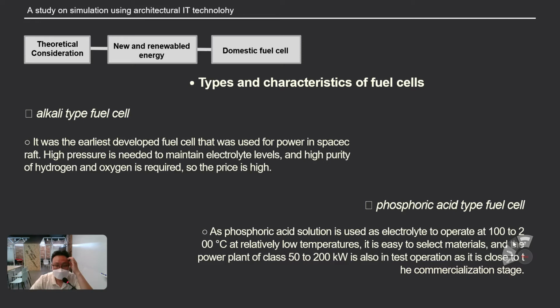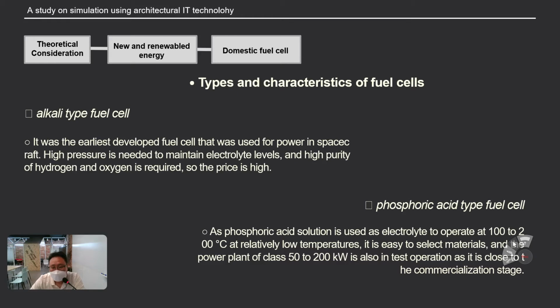Types and characteristics of fuel cells. The alkali type fuel cell is the earliest developed fuel cell, used for power in space flight. High pressure is needed to maintain the electrolyte level, and high-purity hydrogen and oxygen are required, so the price is high.